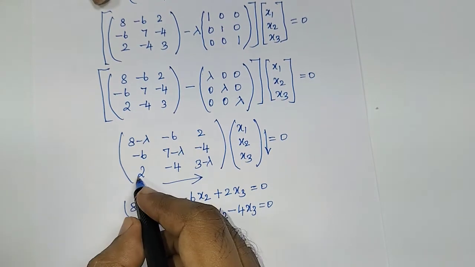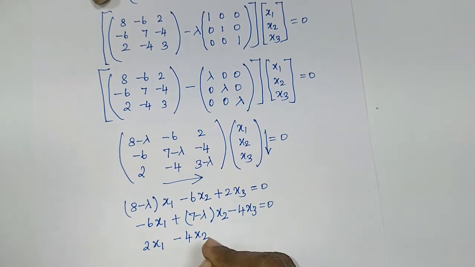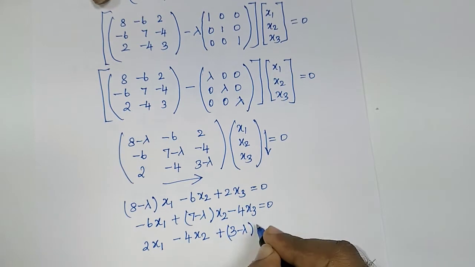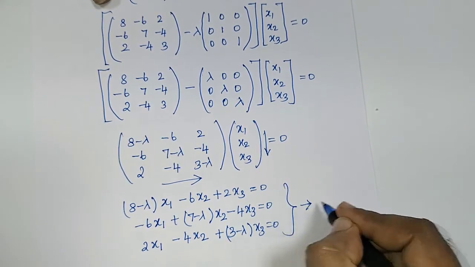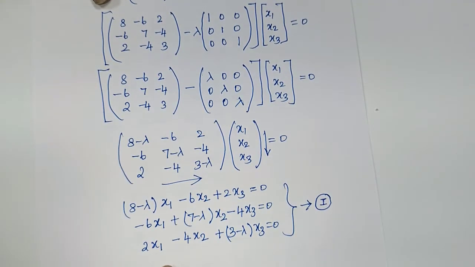And next one: 2 into x1 minus 4 into x2 plus (3 minus lambda) into x3 is equal to 0. Consider this is the general equation I. From this general equation, we have to apply our eigenvalues.